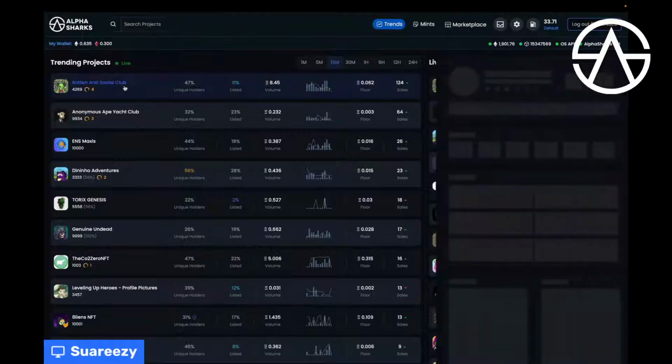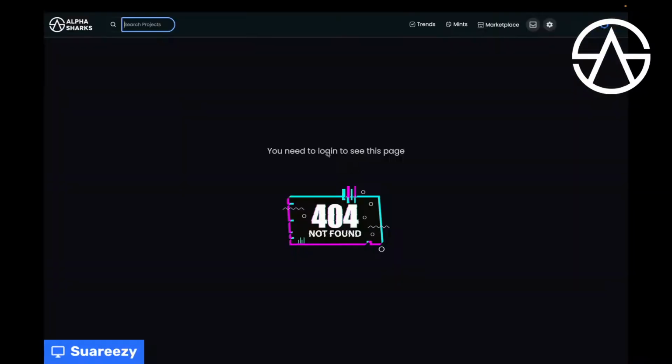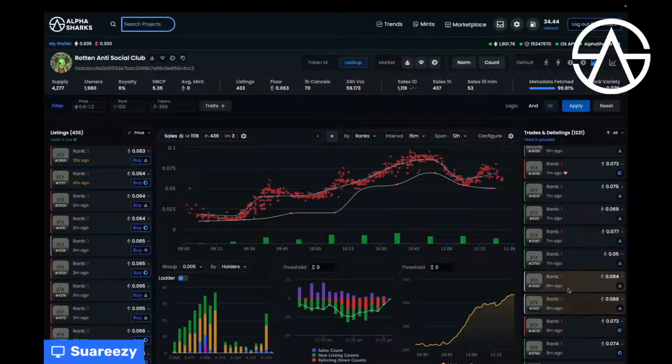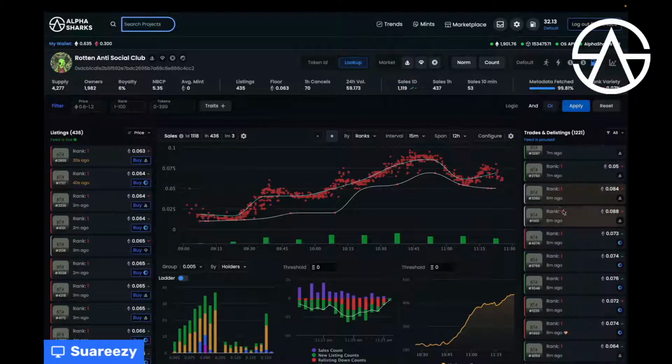So let's see if we have any delistings. Right here, if you have a delisting going on, you'll see it changes the highlight color of the transaction that's happening. It has this little yellow hue behind it, like you have posted there.